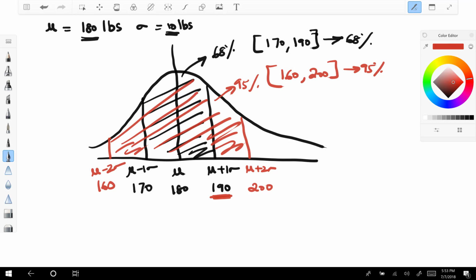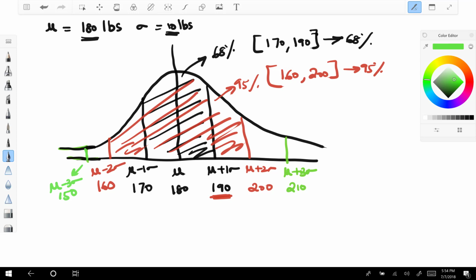The next is 3 sigma. Mu plus 3 sigma will be 210, and mu minus 3 sigma would be 150.